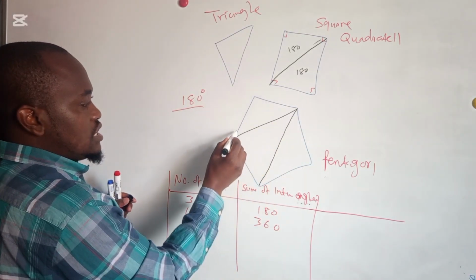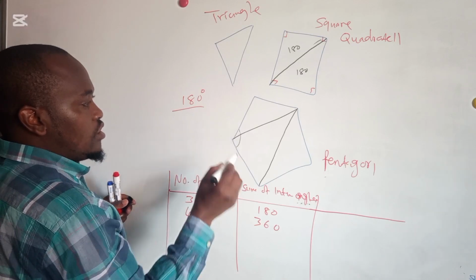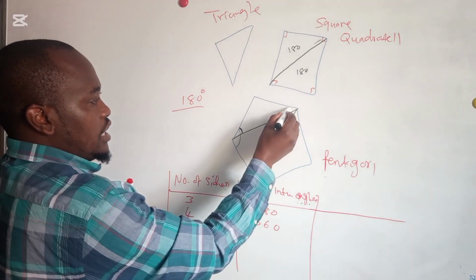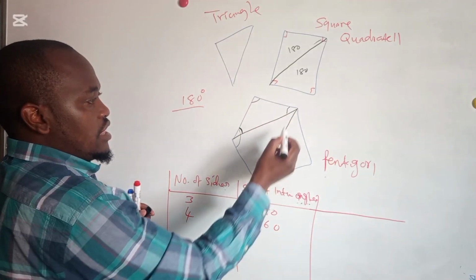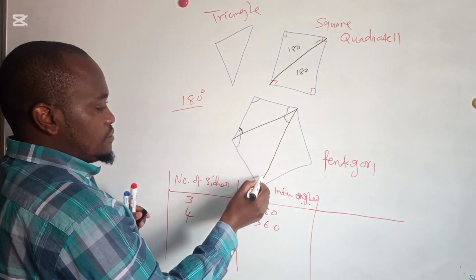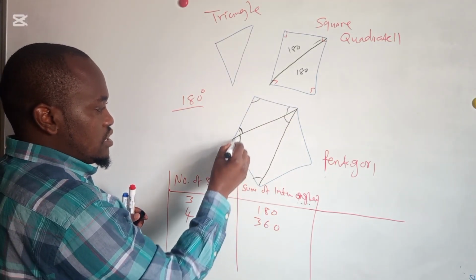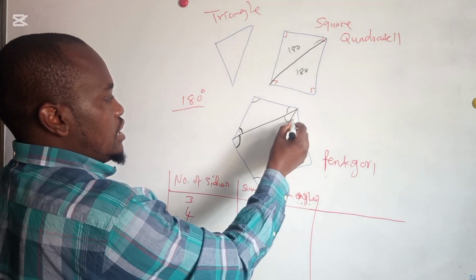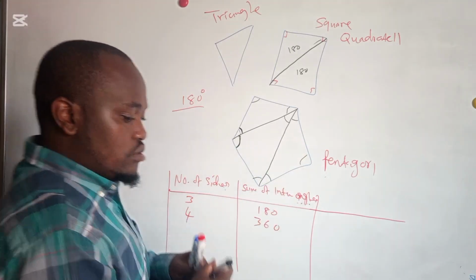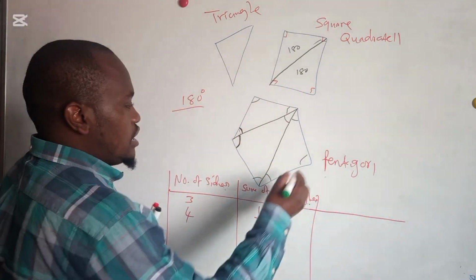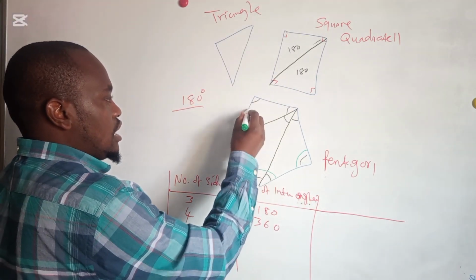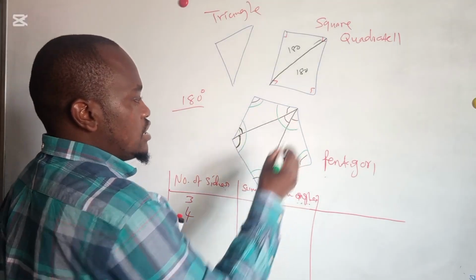Because interior angles we are talking about adding all these. First we add this part, this and this. Then the second triangle is here, this, and this other part, and again you add this, this, and this. In other words, at the end of the day, you have this added to this, added to this, added to this, and added to this.